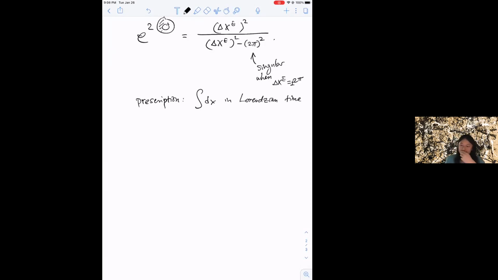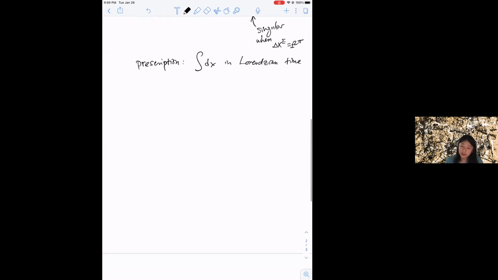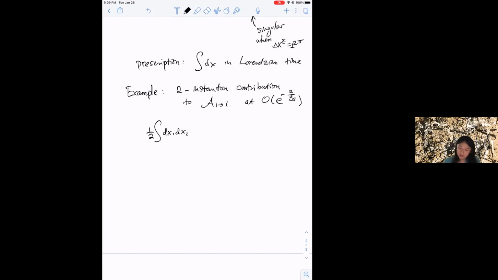Let me give you a quick example of how this works in the case of the two instanton contribution to the one-to-one amplitude at order e to the minus 2 over gs. So we've got integral dx1, dx2. There's a symmetry factor because these are identical objects. There are diagrams like this.